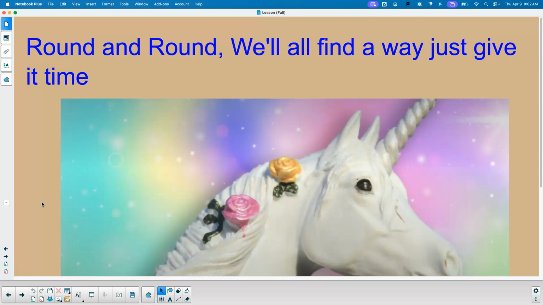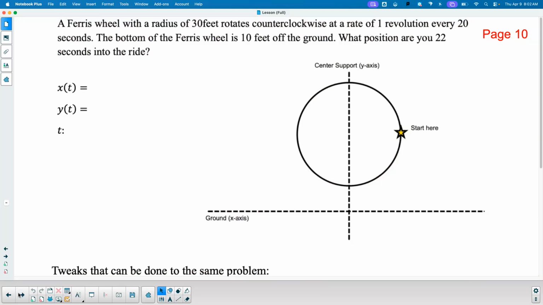All right. So we'll pick up from where we left off yesterday. Yesterday we did this problem on page 10 in your notebook. We were on a Ferris wheel, going counterclockwise. It had a radius of 30 feet. We went one revolution every 20 seconds.